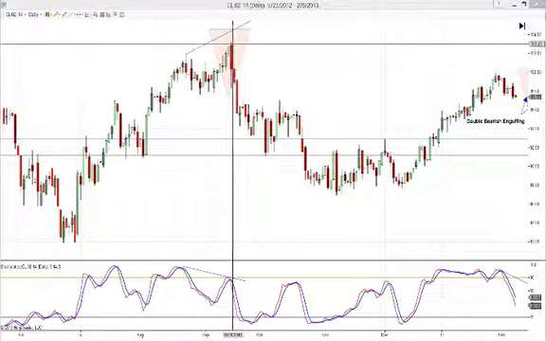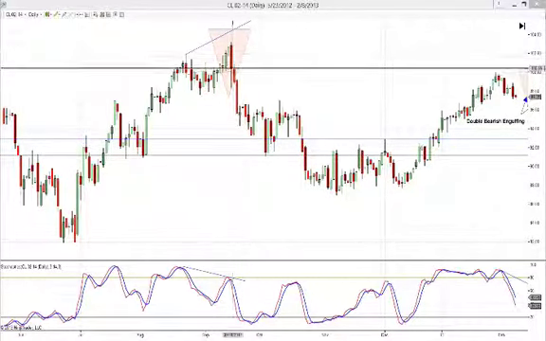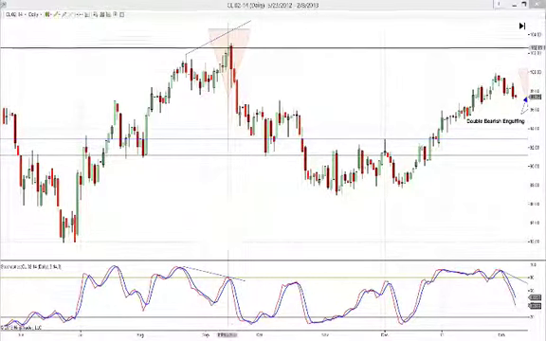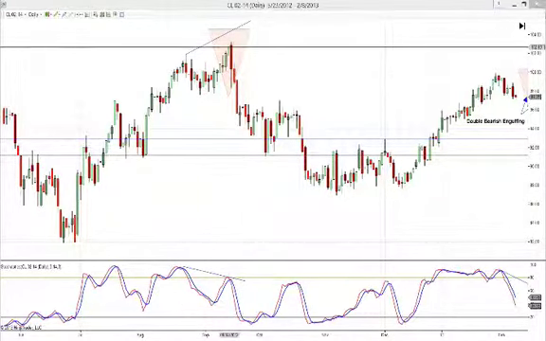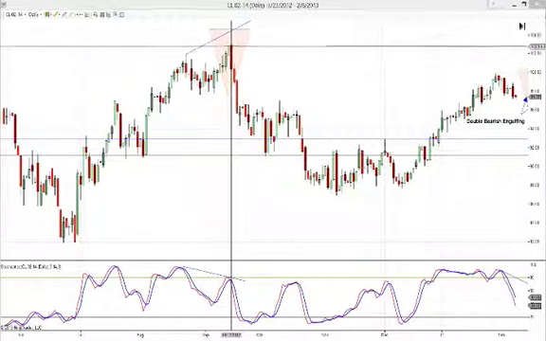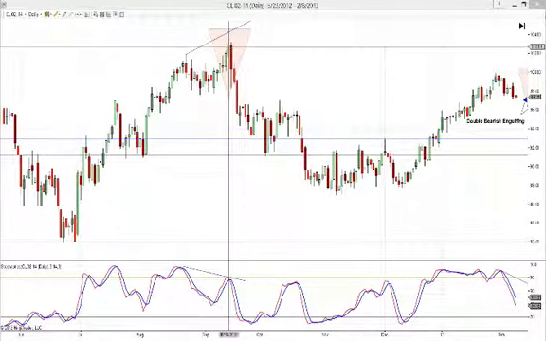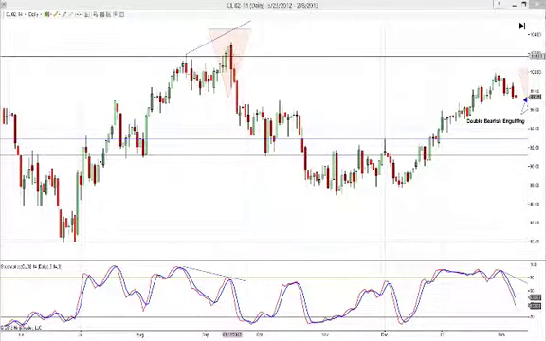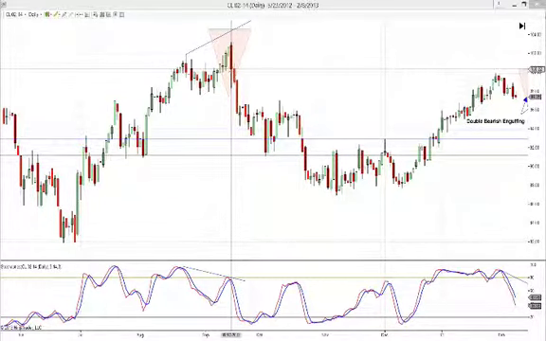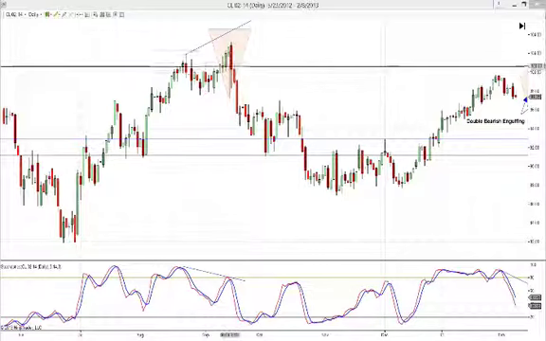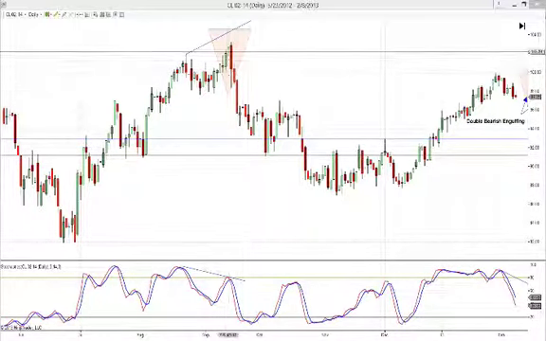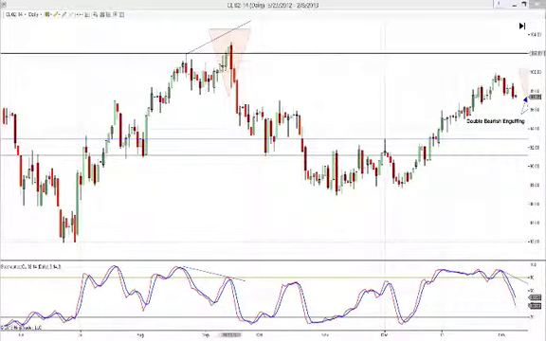and that divergence is confirmed by a candle that is red and that engulfs the body of the previous candle. You can see here that it opens above the closing of this candle and it closes below. In fact, in this particular case, it engulfs three candles before it.